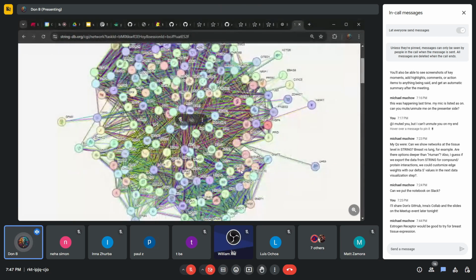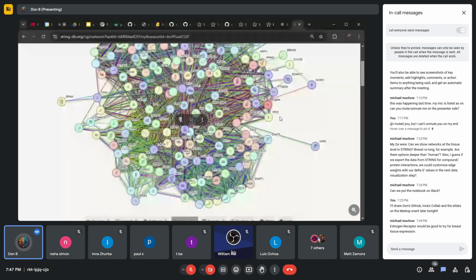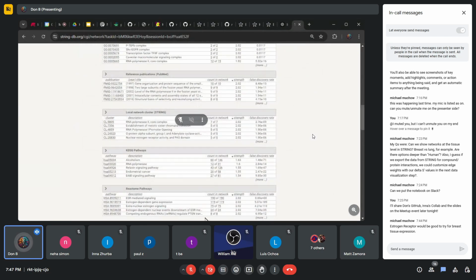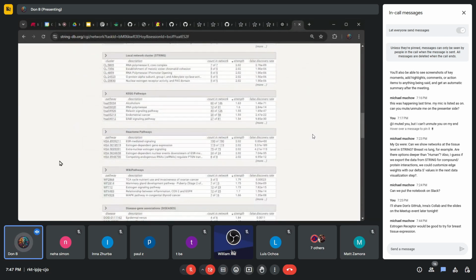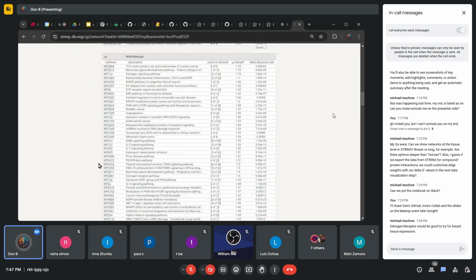So what I would like to get a better sense for is how do you filter things? You can overlay it with other pathways, so maybe find a KEGG or a wiki pathway that overlaps most closely with what you're looking at.